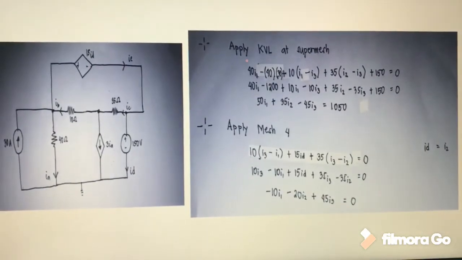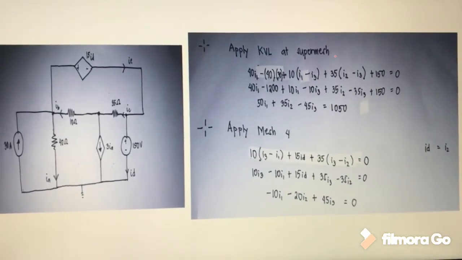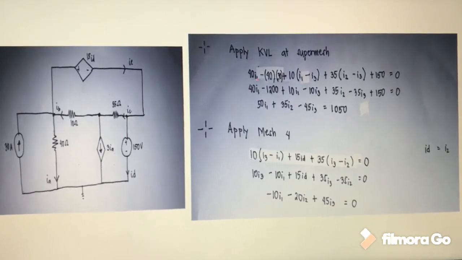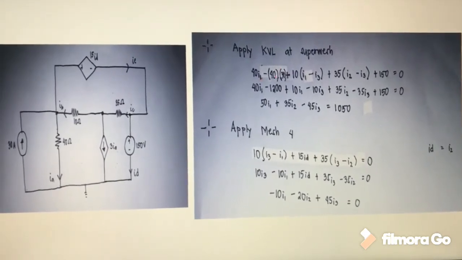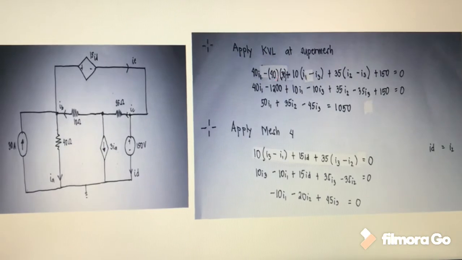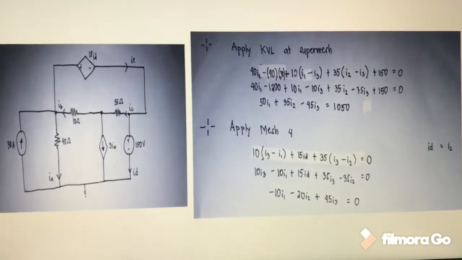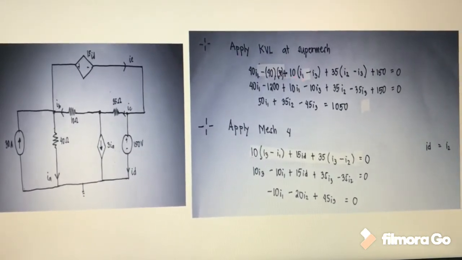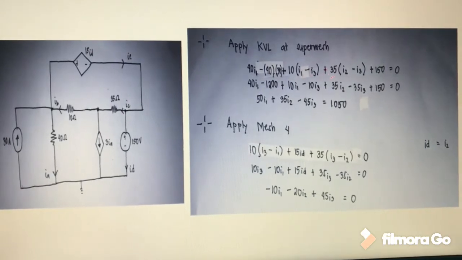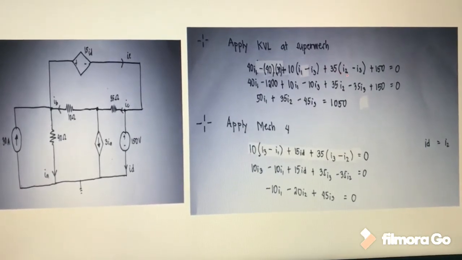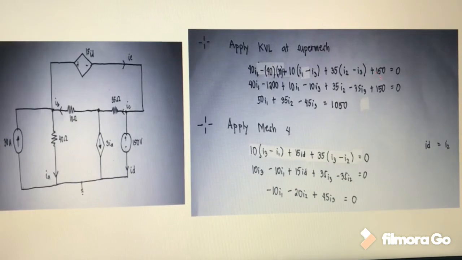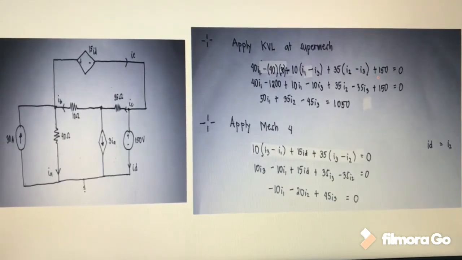First is to apply the KVL at the super mesh. So 40I1 minus 40 multiplied by 30 plus 10 multiplied by I1 minus I3 plus 35 multiplied by I2 minus I3 plus 150 equals to 0.